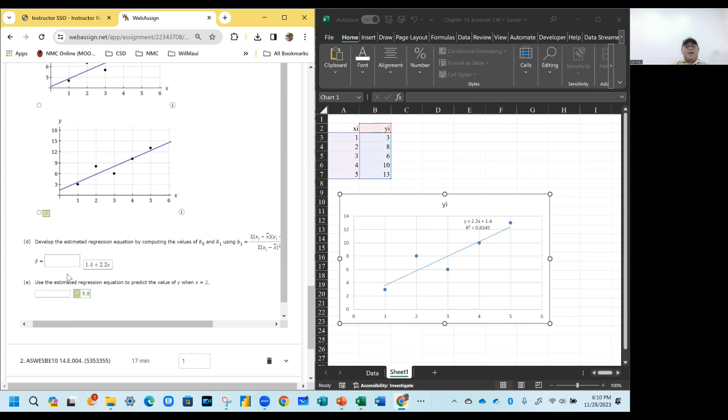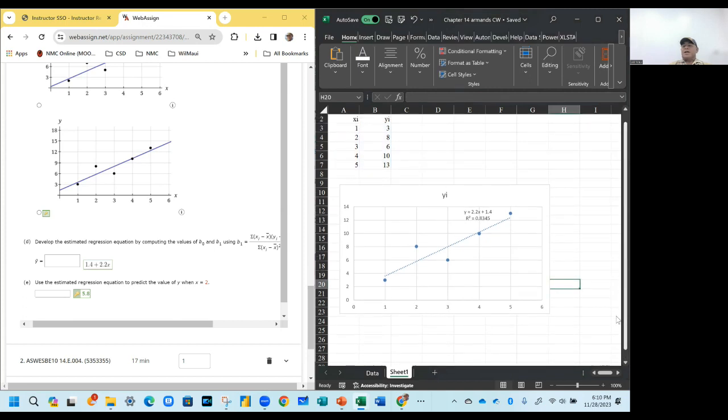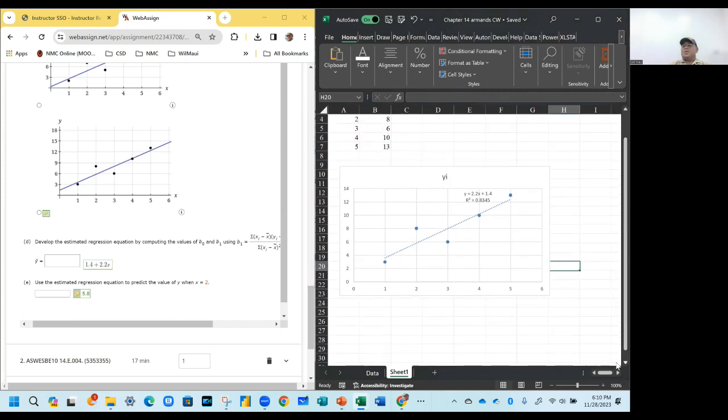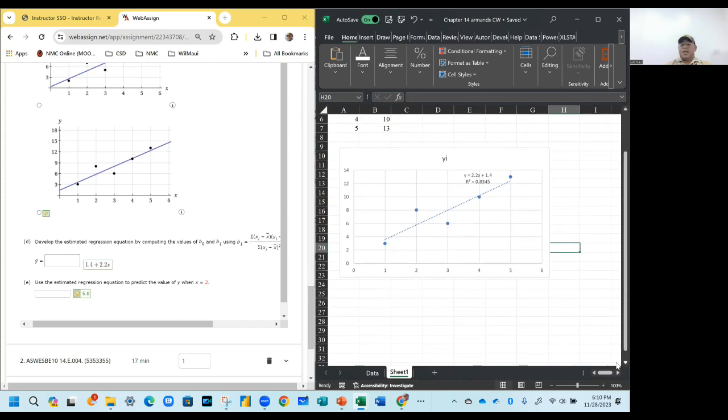But then it says, use the estimated regression equation to predict the value of y when x is 2. So now how would I do this? Okay, now I have to construct my formulas that would use the equation to predict, no?